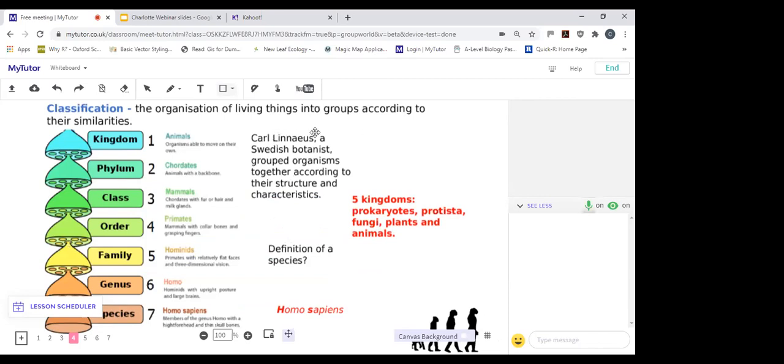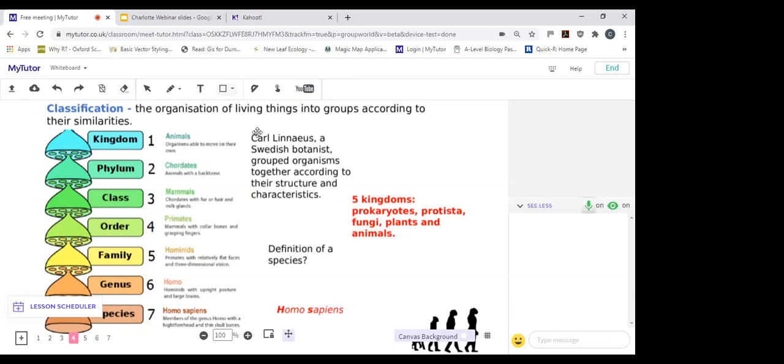He was a Swedish botanist and he grouped organisms together according to their structure and their characteristics. And this was quite a long time ago, so Carl did the whole thing pretty much completely by what he could see. So he grouped together organisms that looked similar, that had similar characteristics or similar ways of behaving. And he devised this 7-tiered system.